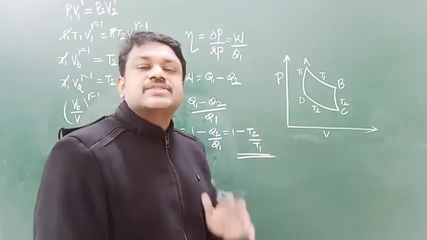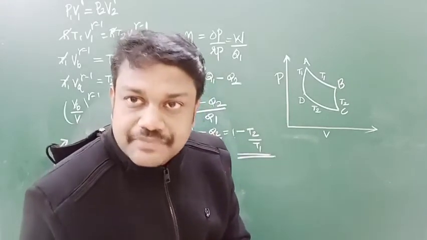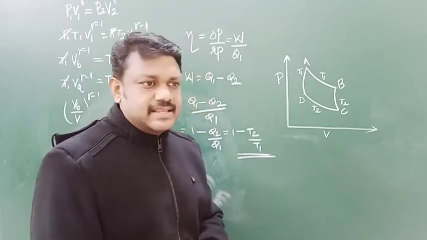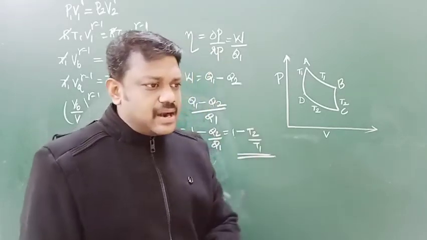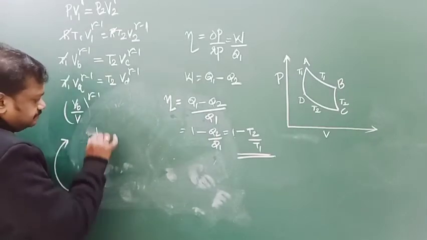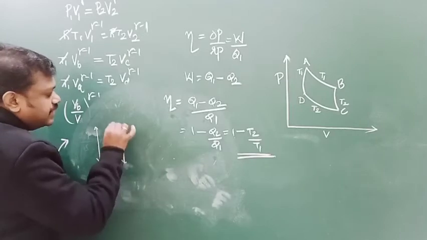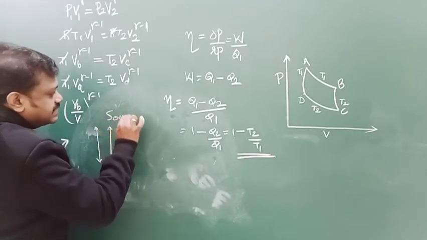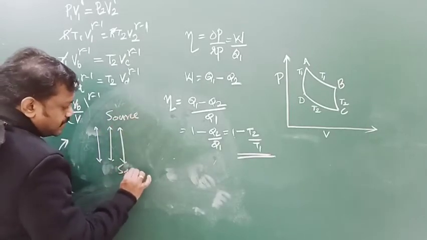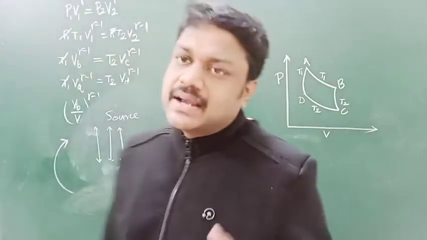So it is not possible to have a Carnot engine with 100% efficiency. But suppose we are designing many heat engines between the same source and sink. It is not necessary that all the heat engines are Carnot engines.